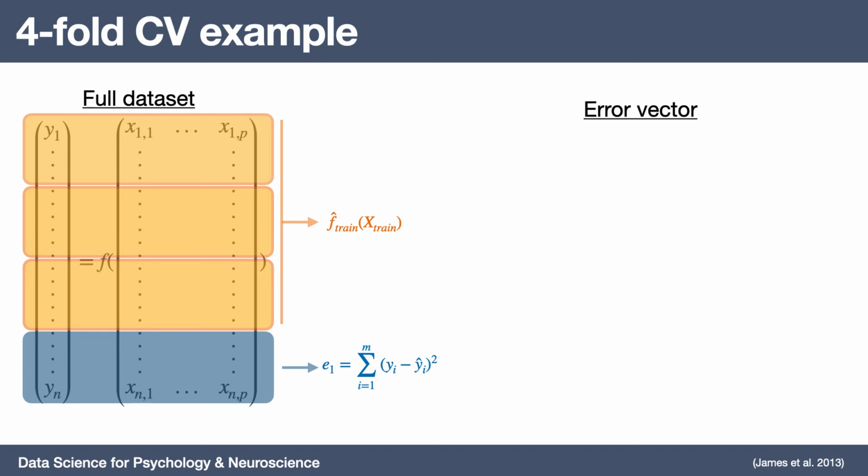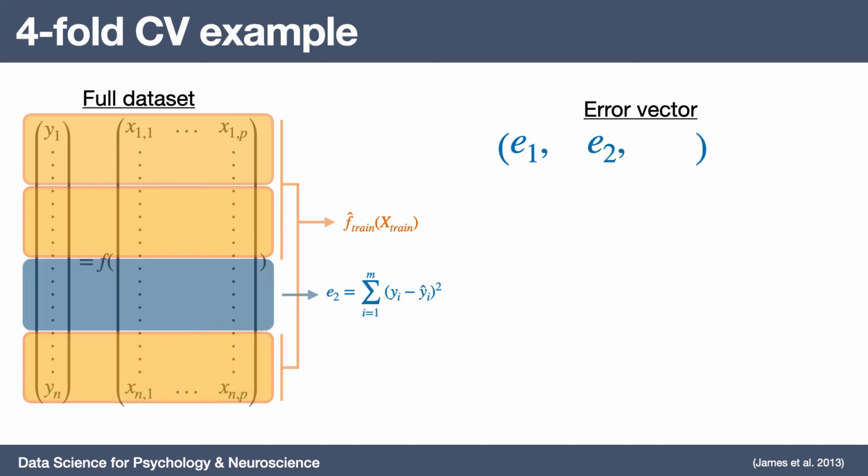That will give me a residual squared error estimate, which we'll just call E1 here. And then on the next fold, fold number 2, I'll move up to the next partition. So now what was the test error partition in fold 1 becomes part of the training partition for fold 2.